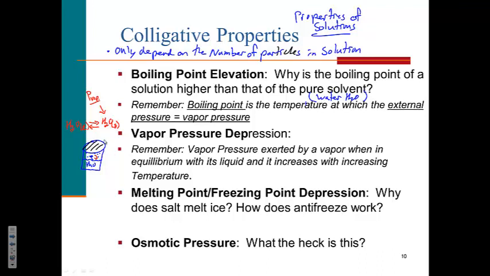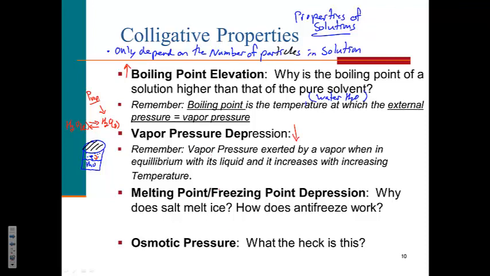That's what vapor pressure is. So if we make a solution instead of pure water, the vapor pressure will be lower. Vapor pressure depression. So vapor pressure goes down, boiling point goes up, melting point also goes down.